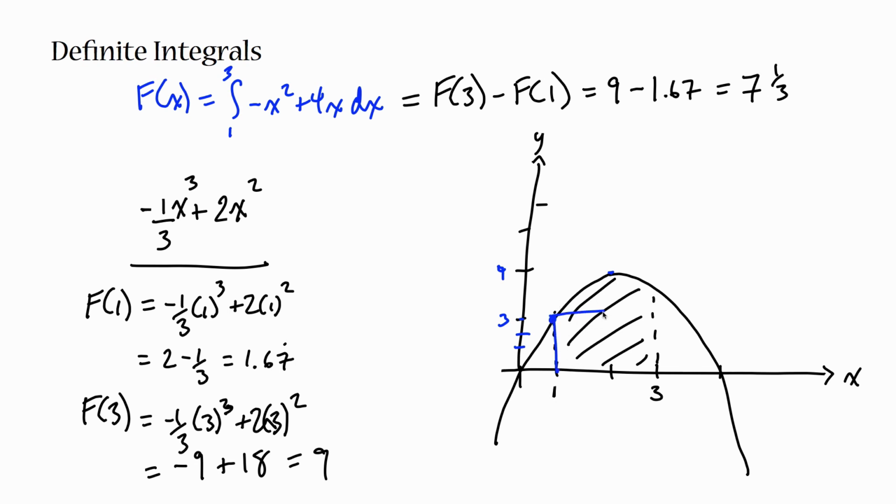So if we approximate this, we're going to get 3 times 1 plus 4 times 1. A very, very basic approximation is going to be 4 plus 3, which is 7. A better approximation with more intervals, as I fill this in, is just going to get closer and closer to the real value of 7 1/3.